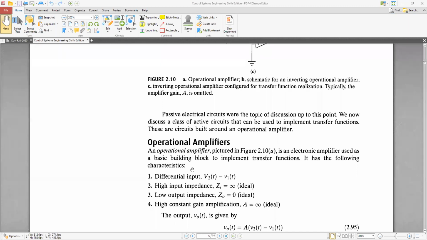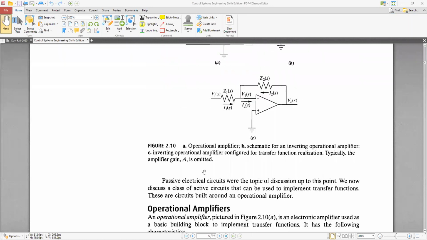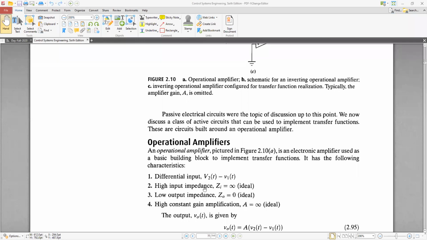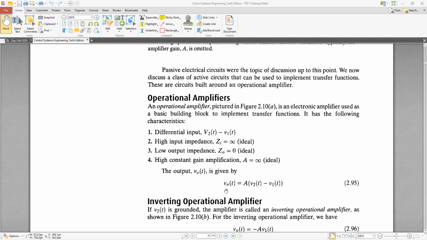It has the following characteristics: differential input V2 minus V1, high input impedance, low output impedance, high conductance, constant gain amplification, ideal. So the final equation should be like this: V naught is equal to A into V2(t) minus V1(t).